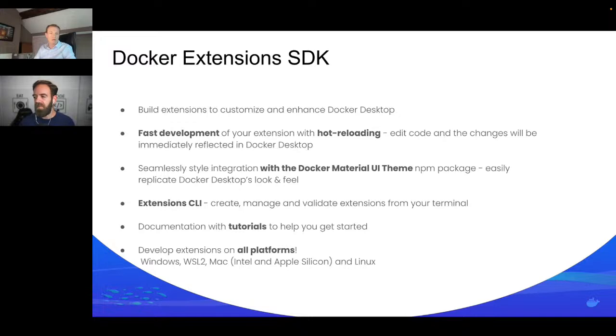There's a specific CLI that Lucas will show you to let you create your extension, manage the lifecycle, install it, uninstall it, and allow you to go through the entire loop of testing your extension, making some changes to it and reloading it. And also I can just quickly go through the documentation and tutorials.